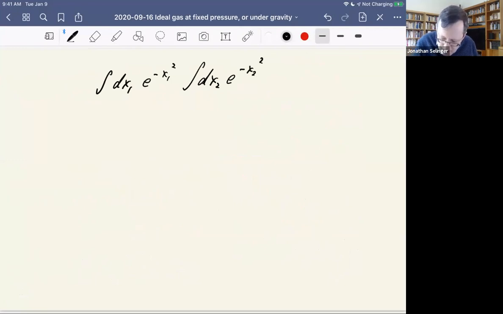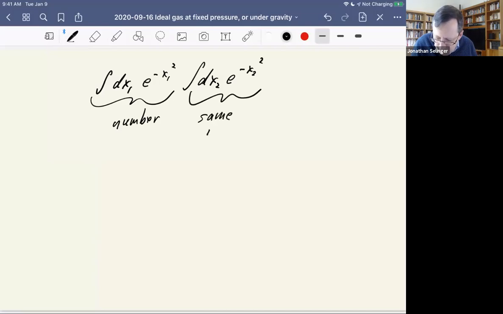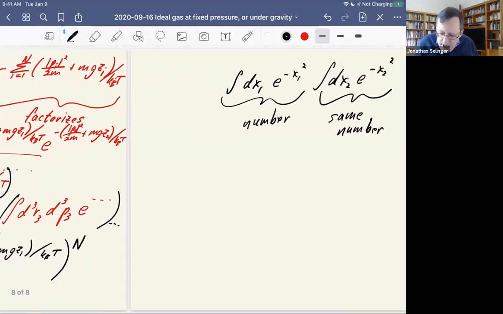This integral is a number. This integral is the same number. I mean, in definite integral, it will be the same, but in indefinite integral, it will not be the same. And I think here we are talking about the definite Gaussian integral, from certain limit to certain limit.